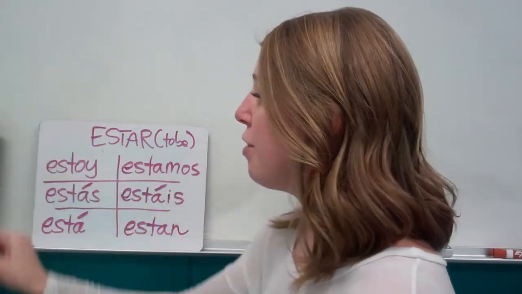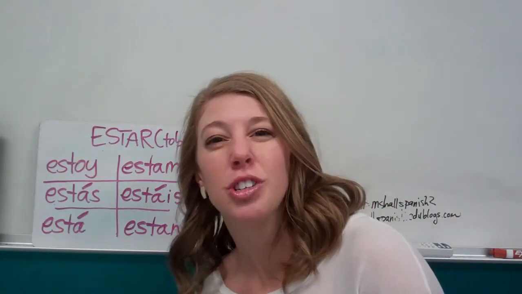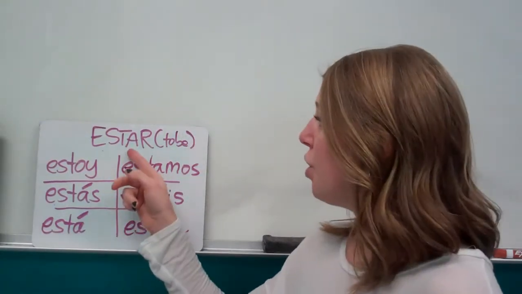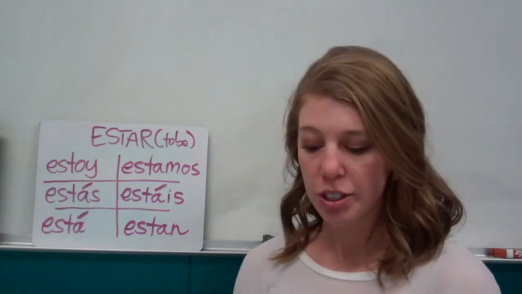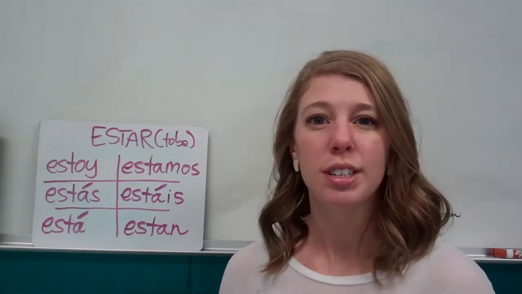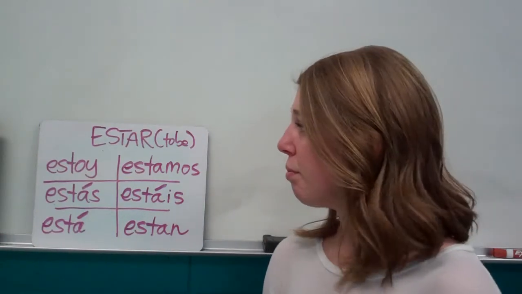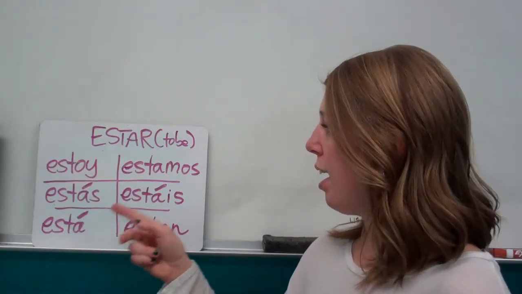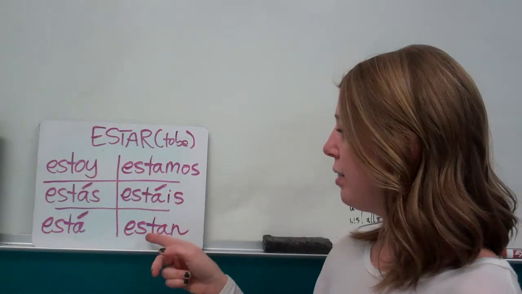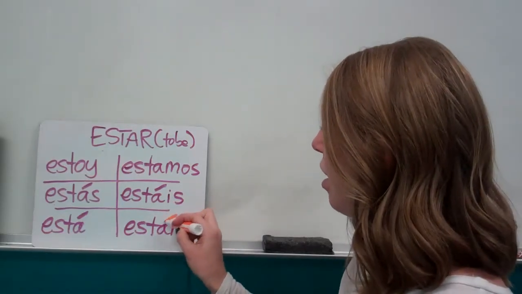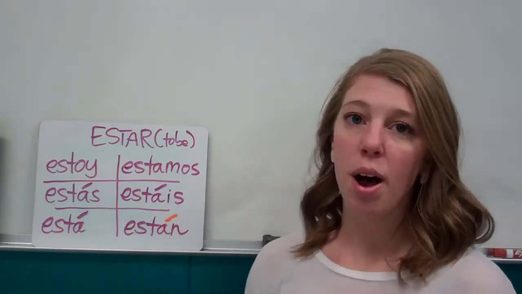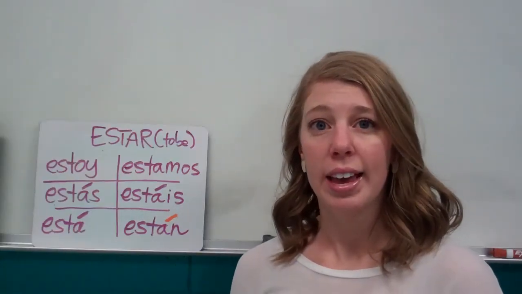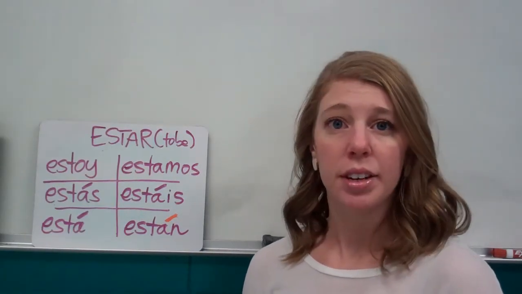Okay, we do have a few irregular ones that we're just going to have to learn. So estar, and it means to be, and these are temporary things like emotions and your location. So let's look at them. We have estoy, estás, está, estamos, estáis, and then están. Notice that all 4 in the bottom get an accent on the A, so this is one of the things that makes it irregular.